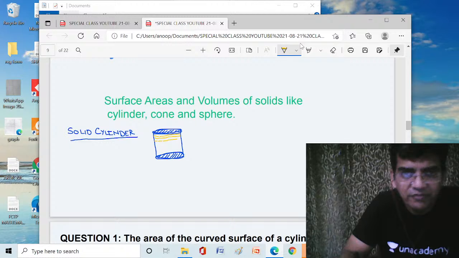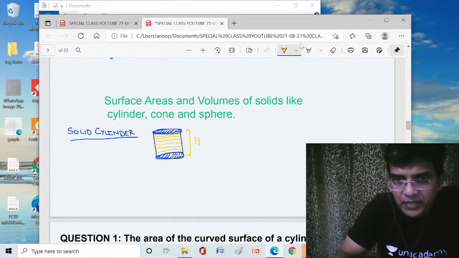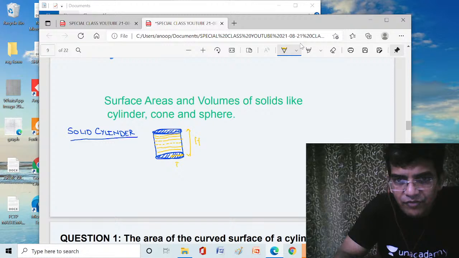Now remember, the distance from this circular surface to the other circular surface is called the height of the cylinder. As it has a circular base, whatever the radius of this circular base is, that is known as the radius of the cylinder.